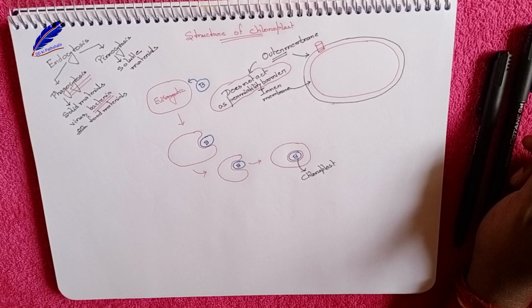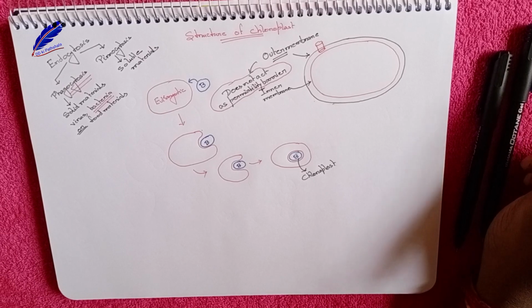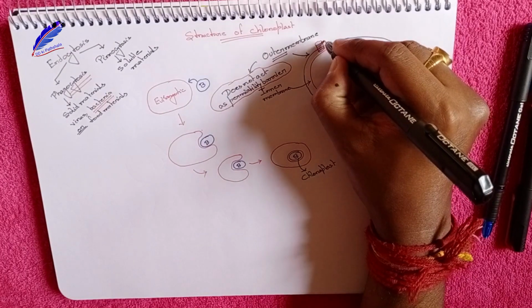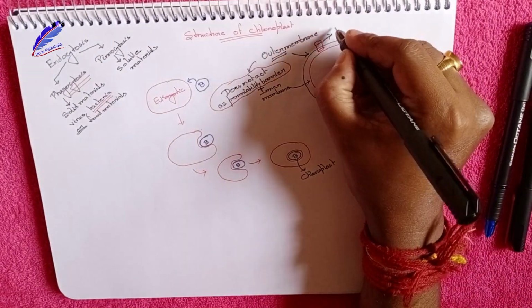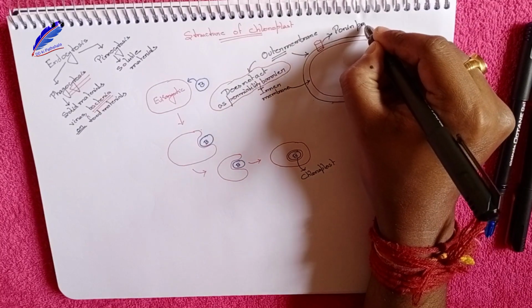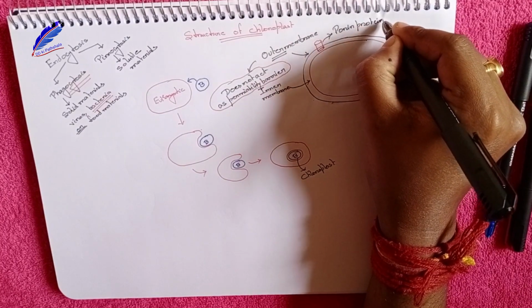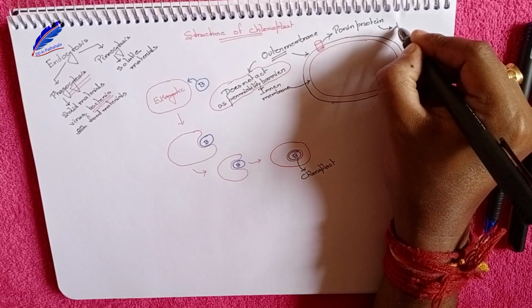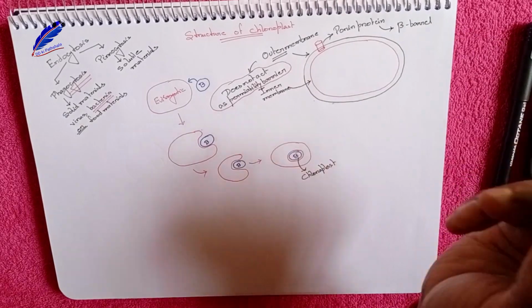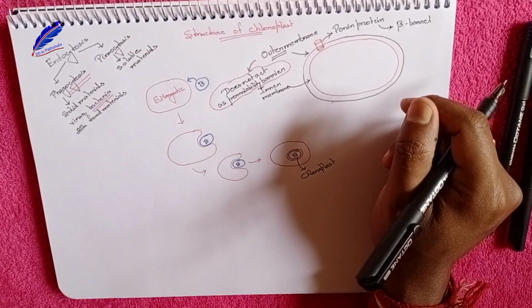Now, coming to the structure of chloroplast, this is called a porin protein, which is also called a beta barrel, because it is made up of beta sheets.